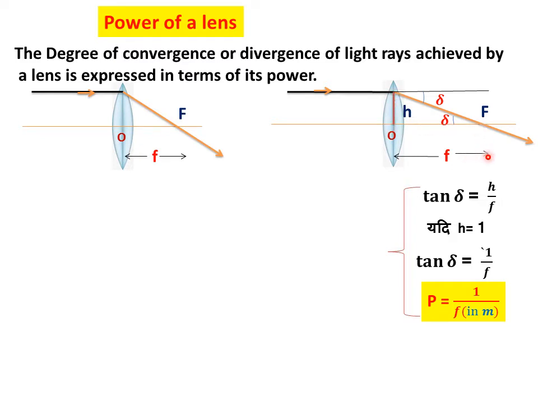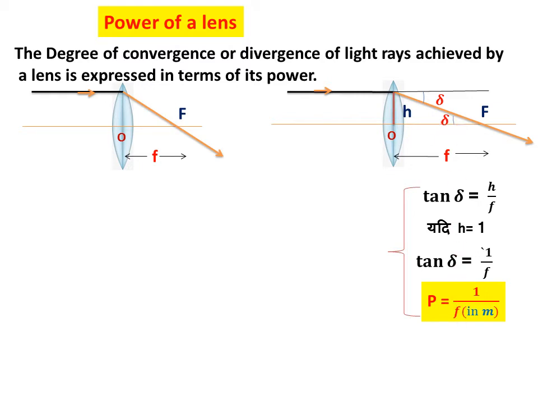If we take h is equal to 1, we get tan delta is equal to 1 upon f, and we can say tan delta is equal to P, so P is equal to 1 upon f in meter. The power of a lens is defined as the tangent of the angle by which it converges or diverges a beam of light falling at unit distance from the optical center.